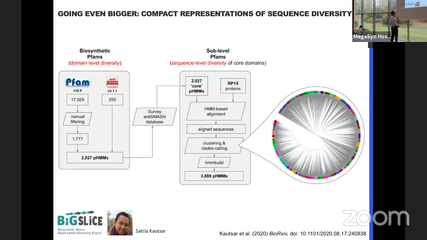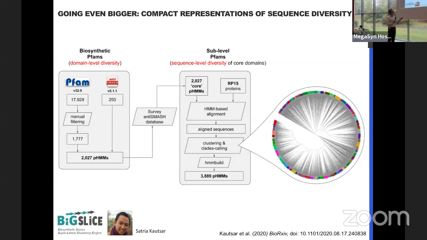So what he did is he first identified a range of relevant protein domains that occur inside biosynthetic gene clusters, both from PFAM and from the library of domains that we use in antiSMASH. And for more than 100 protein domains and key enzymatic protein domains that occur frequently in various classes of biosynthetic gene clusters, he did a large-scale phylogenetic analysis to identify subfamilies of these protein domain families.